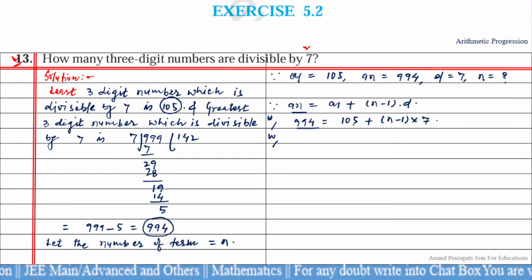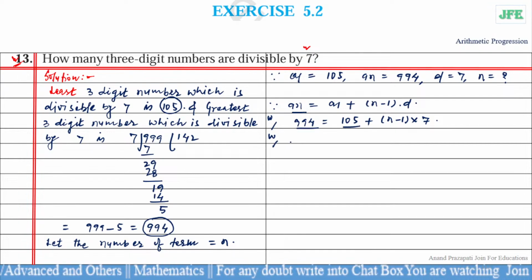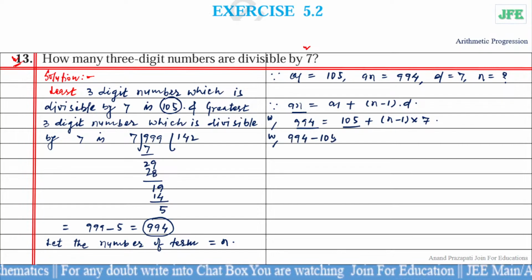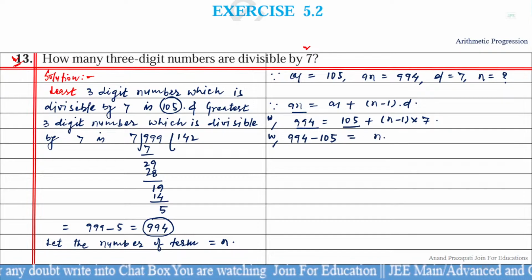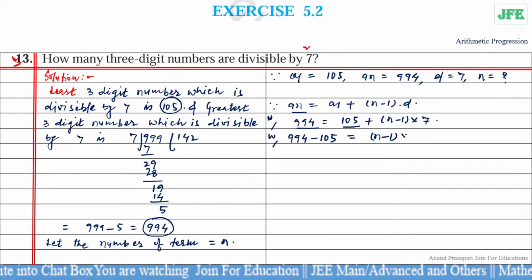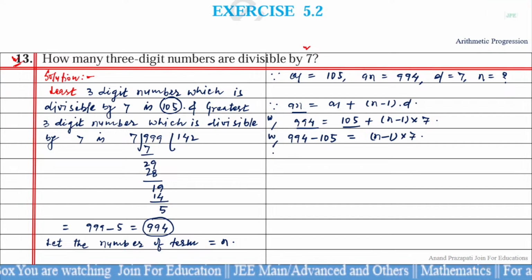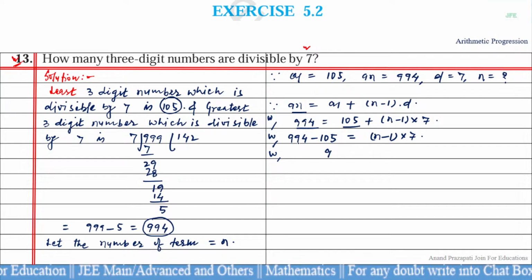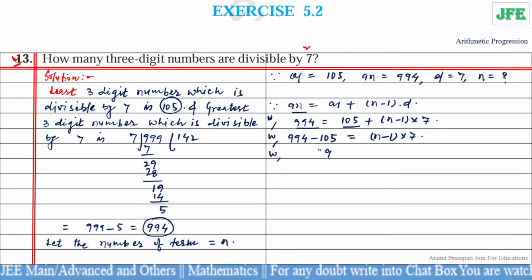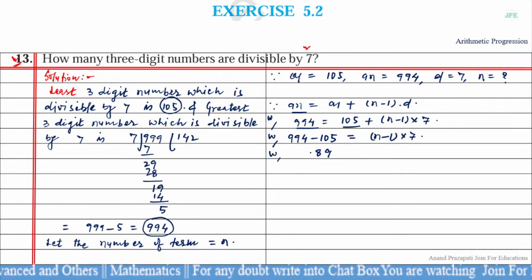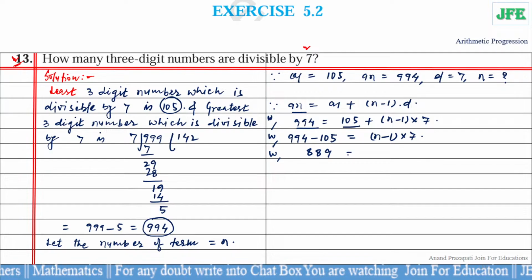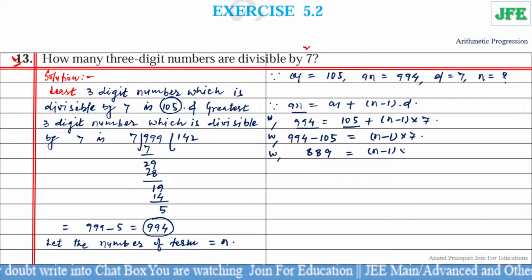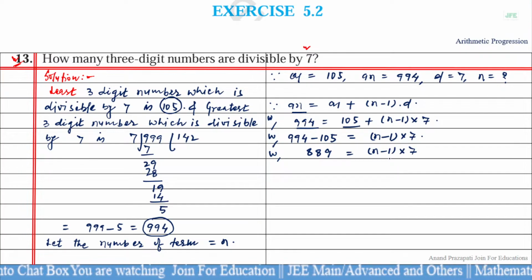When 105 moves to the left hand side, the next step will be the subtraction: 14 minus 5 equals 9, 8 minus 0 equals 8, and 9 minus 1 equals 8. So 889 equals (n minus 1) into 7.